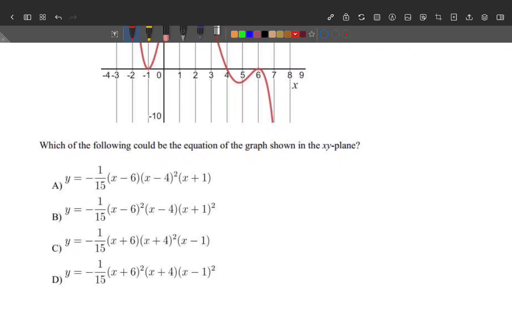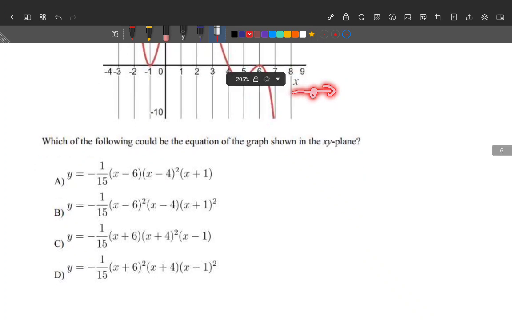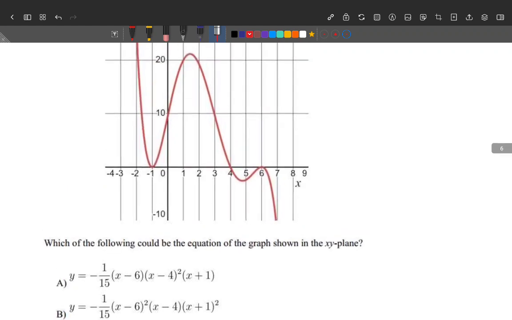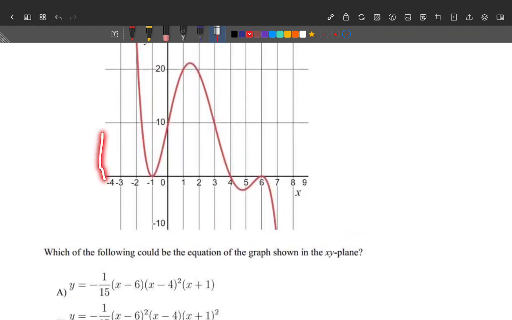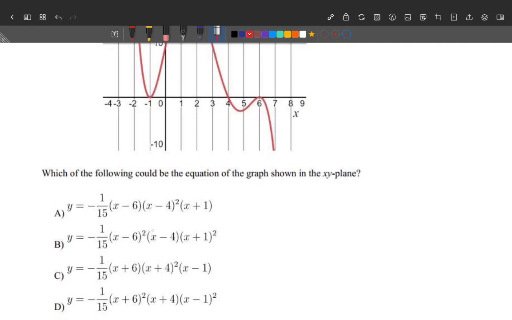Okay, what about this? We should check if x is a very great number like this here, and it should be negative number. And if x is a very small number, negative infinity, it should be positive. Let's check. Firstly, x very big number, it will be, yes, it's negative.